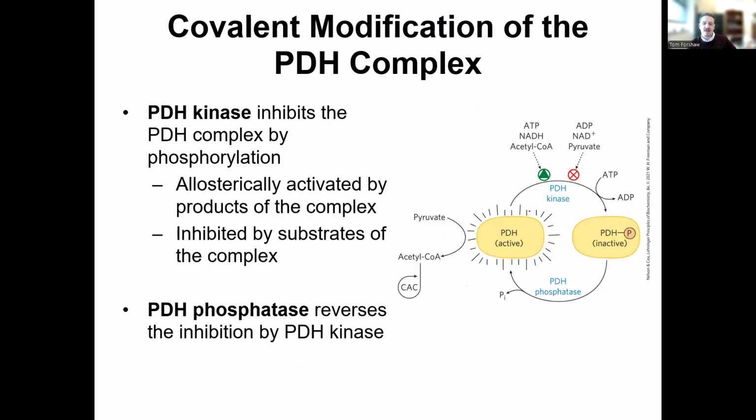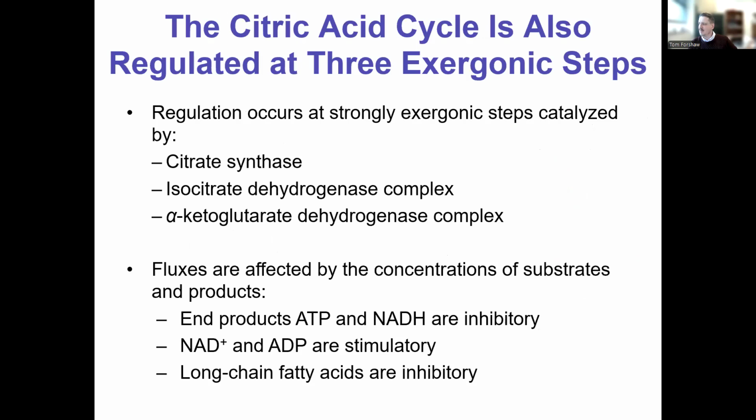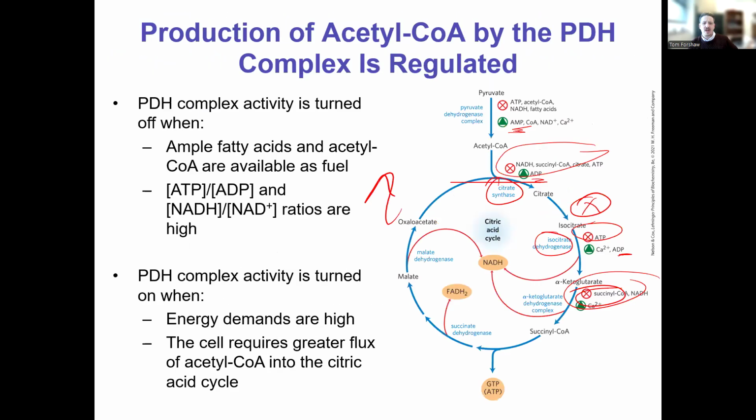Classic example being PDH kinase, the kinase which phosphorylates PDH to its inactive form, which is positively allosterically modulated by things which are signaling a high amount of energy. But we ran out of time.